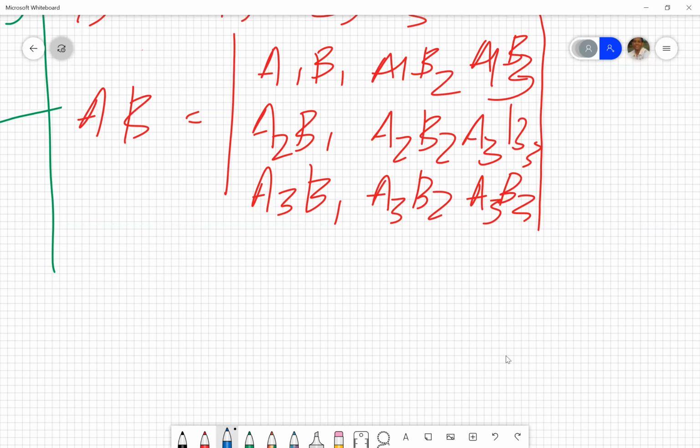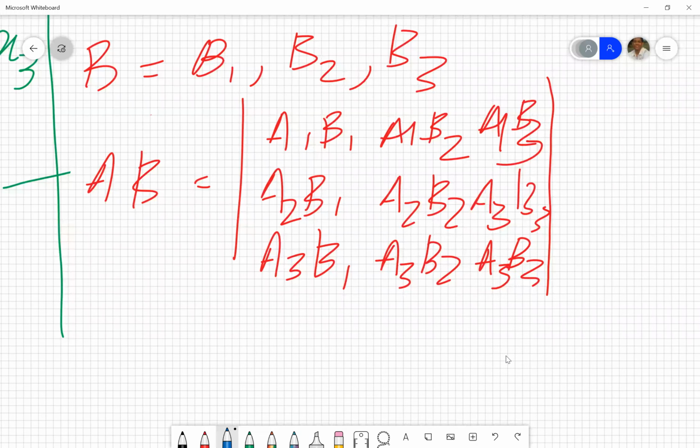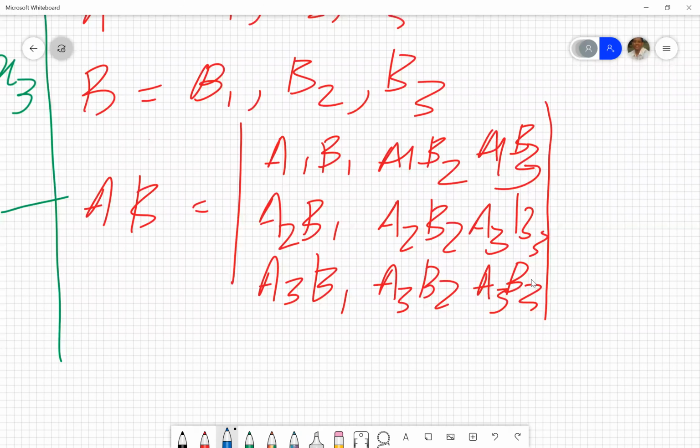What is the number of components here if I am multiplying two vectors? This is 1, 2, 3, 4, 5, 6, 7, 8, 9. Nine components means it is a second rank tensor. The multiplication of two vectors having 3 components each will be a second rank tensor.